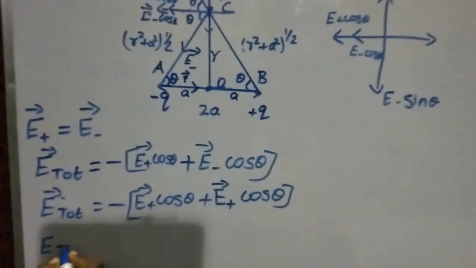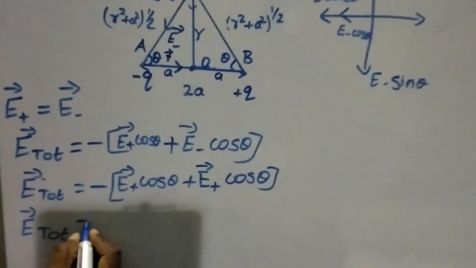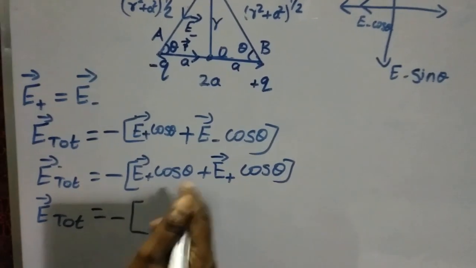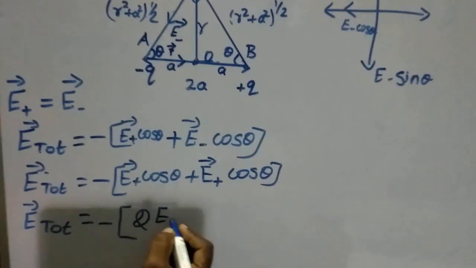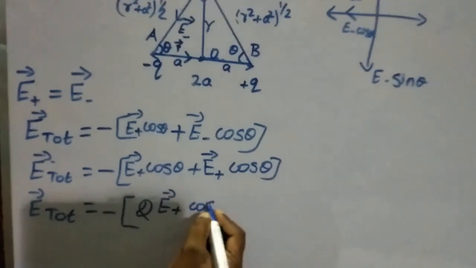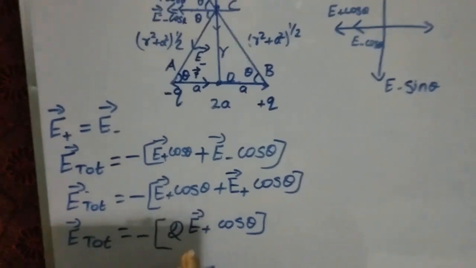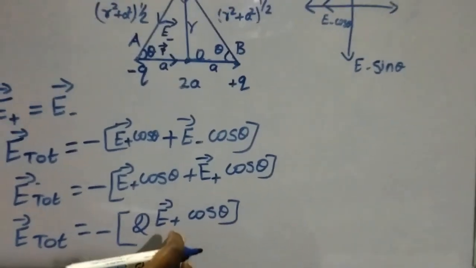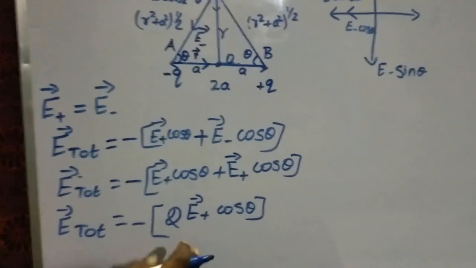Now E total vector equal to minus, here same term comes twice. So 2 into E plus cos theta. Now instead of E plus vector, we are going to substitute the value of E plus that we already derived.